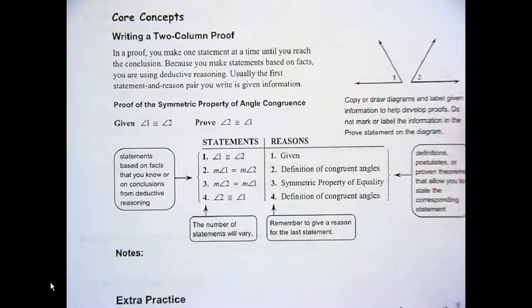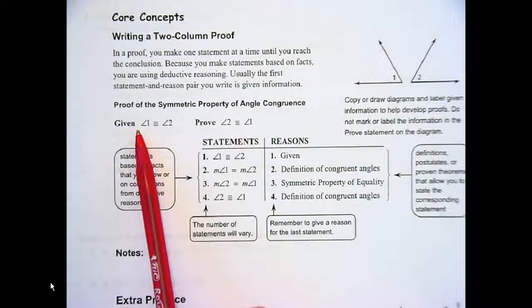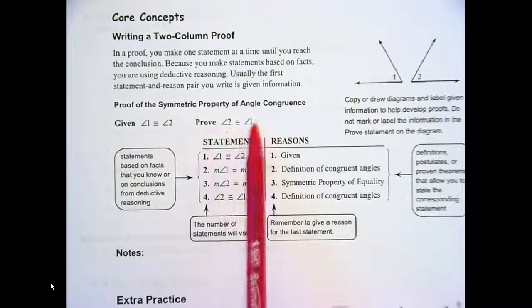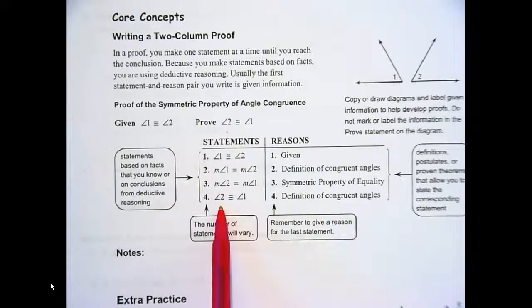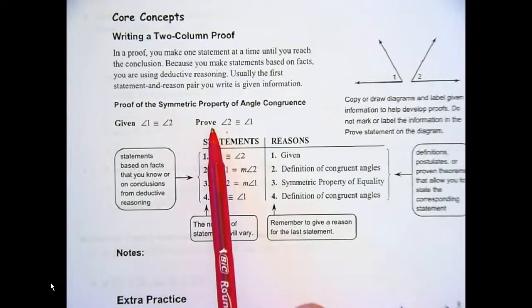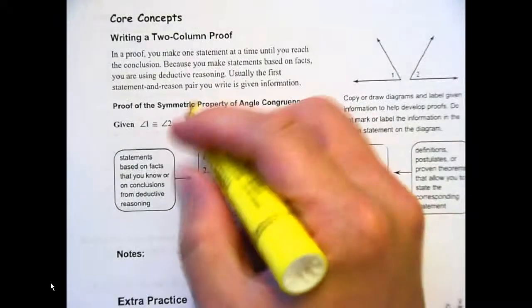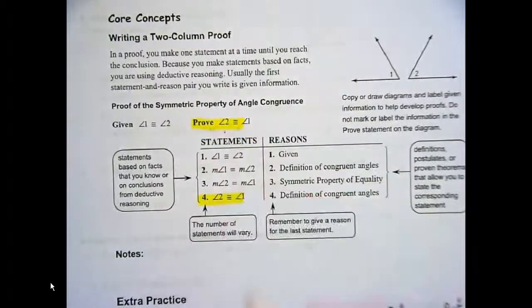Now, if you're working in a textbook, I don't expect you to tear the page out of the textbook and put it on your paper. You'd then copy it. But usually there's a given statement if they have given information and telling you what to prove. This is how you end your proof. Notice the last statement here should be what they're saying to prove. Those two pieces always go together. Make sure that this matches that.